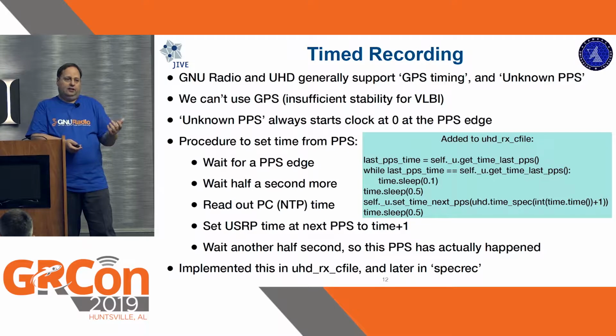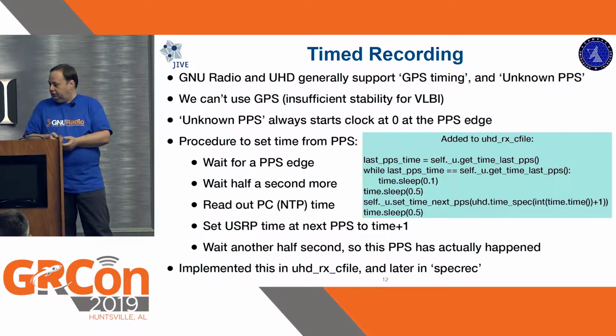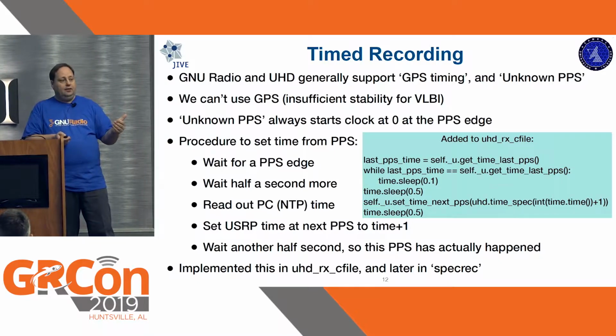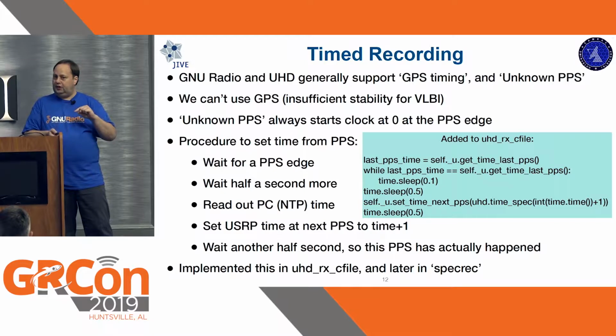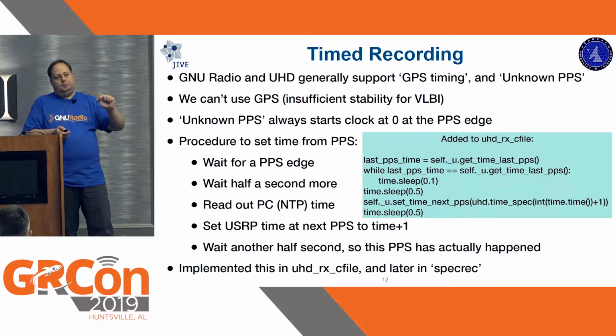So one of the things I did, and this is actually documented in the Ethos knowledge base how you should do this, is unfortunate, because every time I write a flow graph, I need to add this in by hand. So you wait for the PPS edge, then you look at your PC, what time is it now? Or actually, you wait for the PPS, you wait a little bit so that you're sure you're in the middle of the next second.